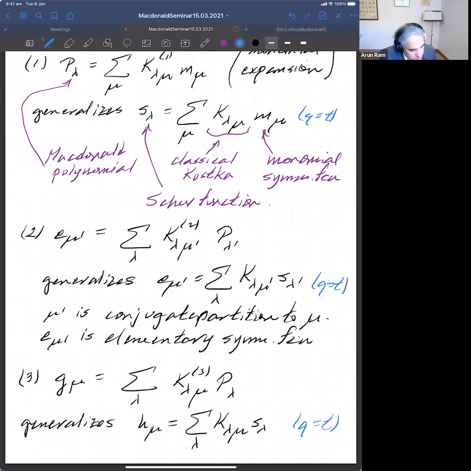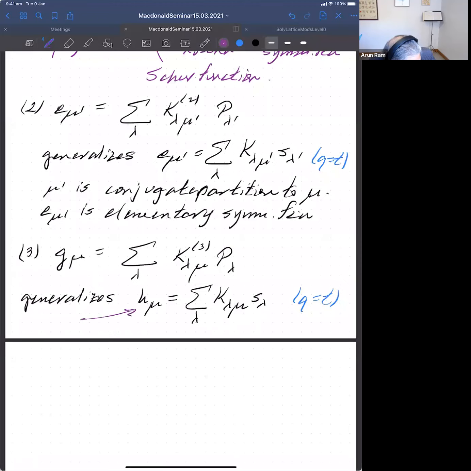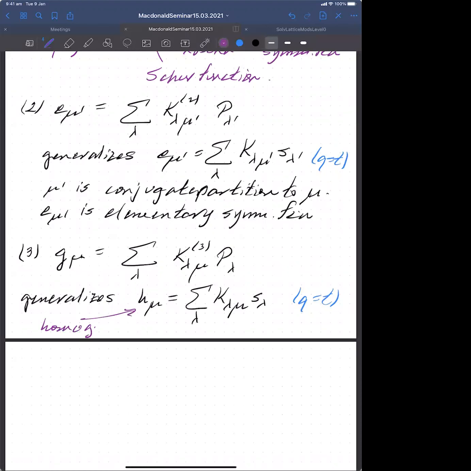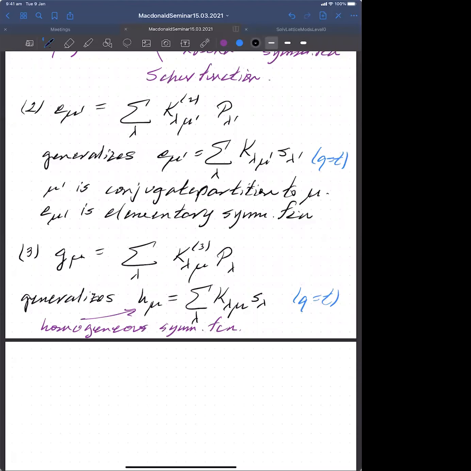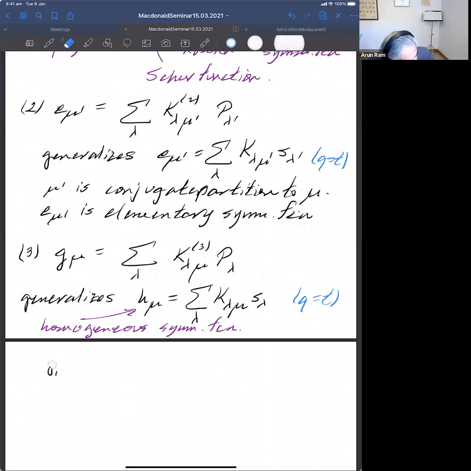So this H mu here is the homogeneous, or complete, symmetric function. Sorry, and G mu is a polynomial. Is it a function of x as well as q and t, or just x? Yes, you're asking about G mu. The E mu and M mu were functions purely of x, right? Maybe a quick way for me to define G mu, and I'll define it more thoroughly later: G r is a polynomial in x1 up to xn, and q and t, and this is times P of a single row.